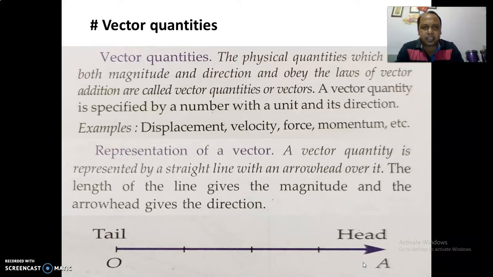Let me further explain a bit. See here. Suppose we want to represent a force. Let me draw an arrow which represents a certain force. Say the value of force here is given by F, which is equal to, let's say, 2 Newton. And what is the direction of force?